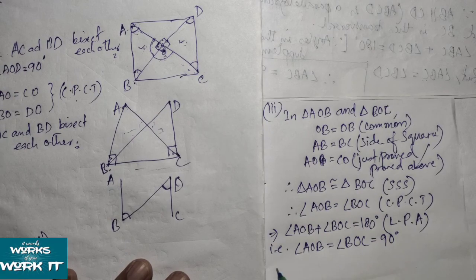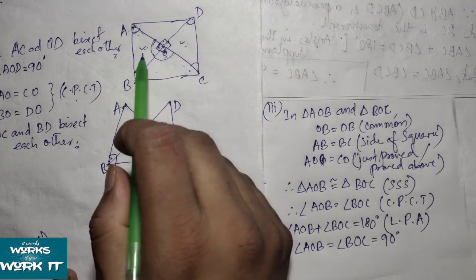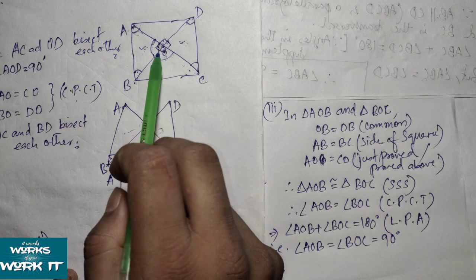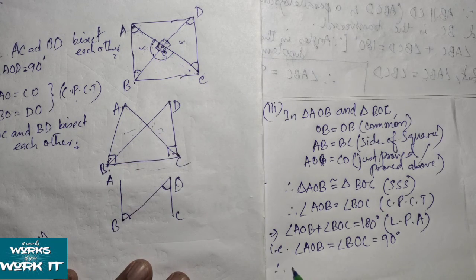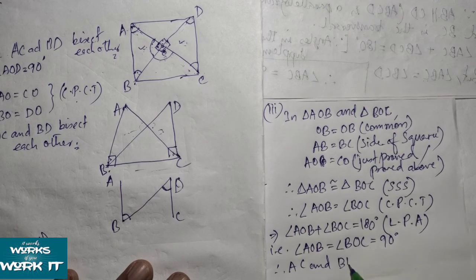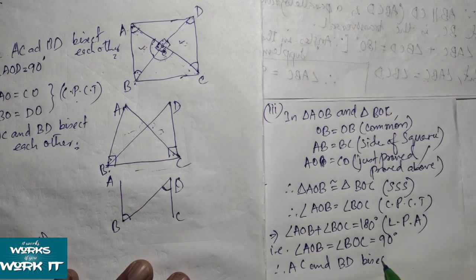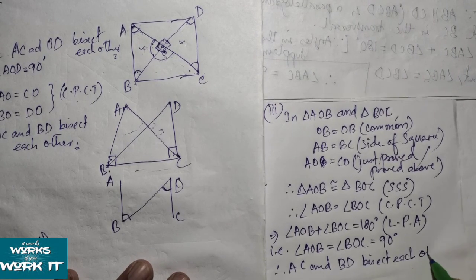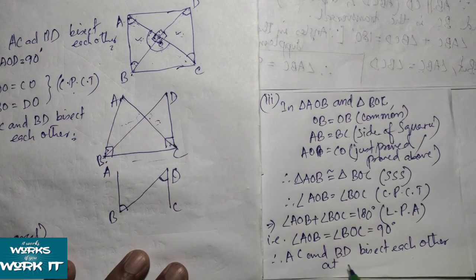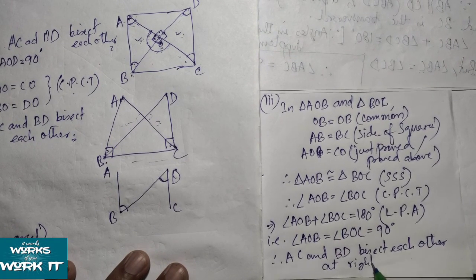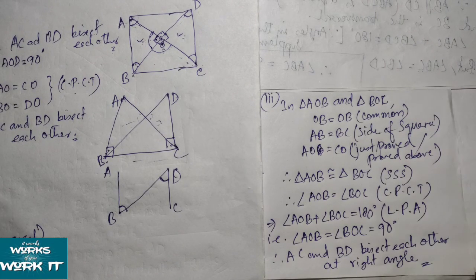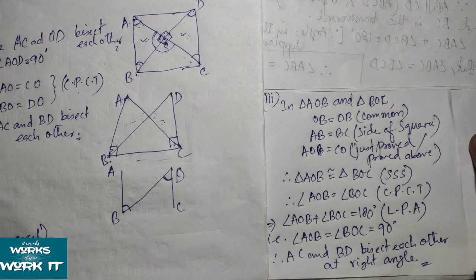So therefore we can write, AC and BD bisect each other at right angle. I hope you have understood this question number 4 solution.